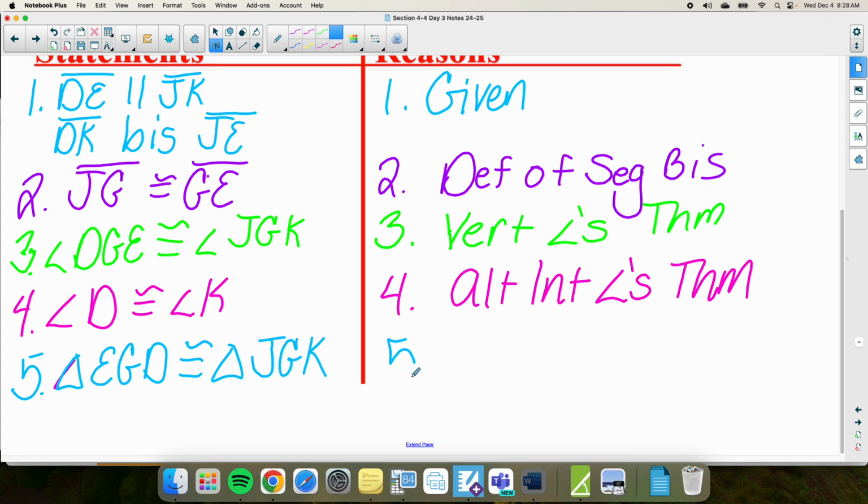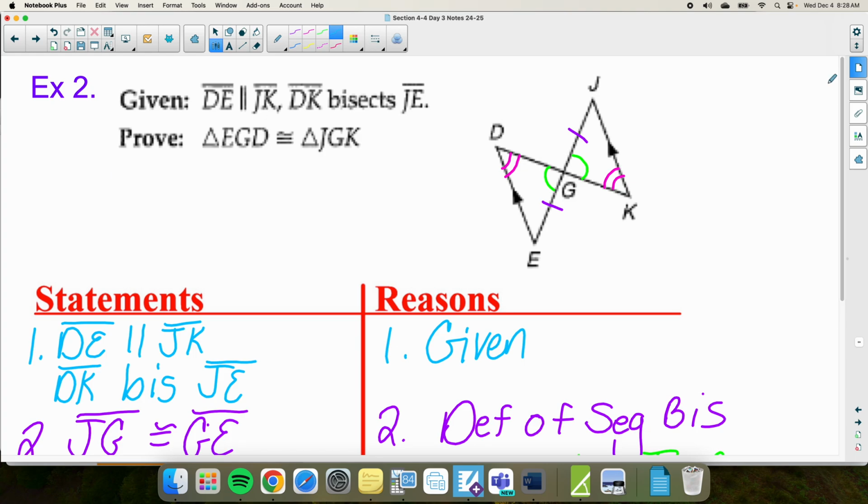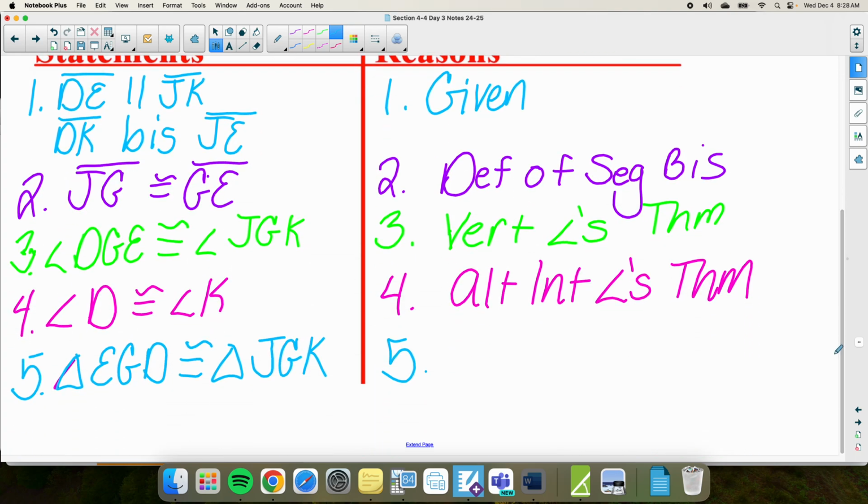Okay, and which one is this by? We have two angles and a side. Angle, side, because the side is not in between there. So angle, side.